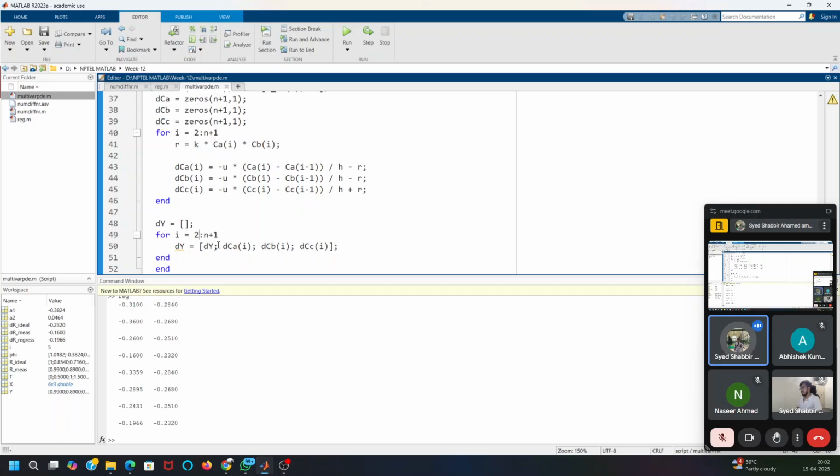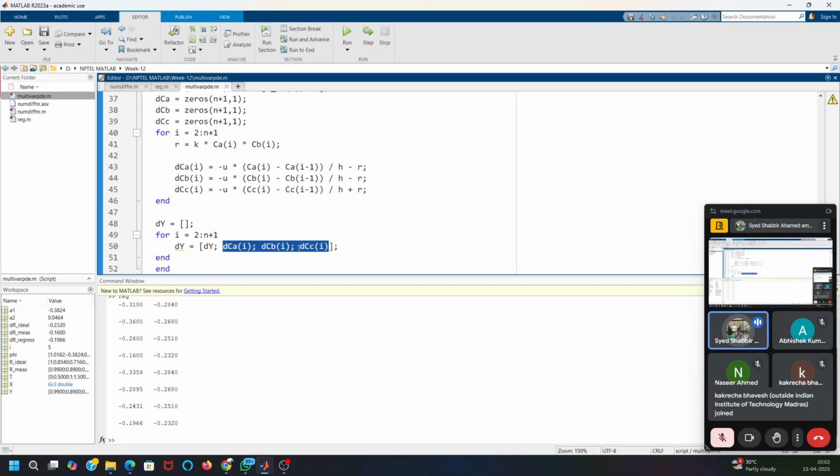Like we will add dCa by dt at point 2, and dCb by dt at point 2, and dCc by dt at point 2. We will do it from i equals 2 to i equals n plus 1. So basically we will get 3 into n.